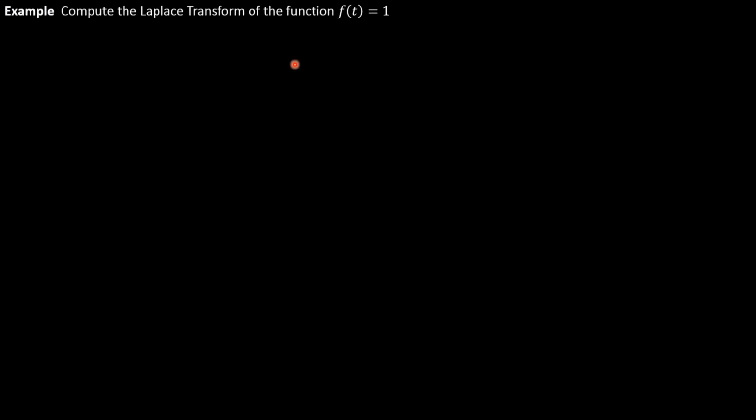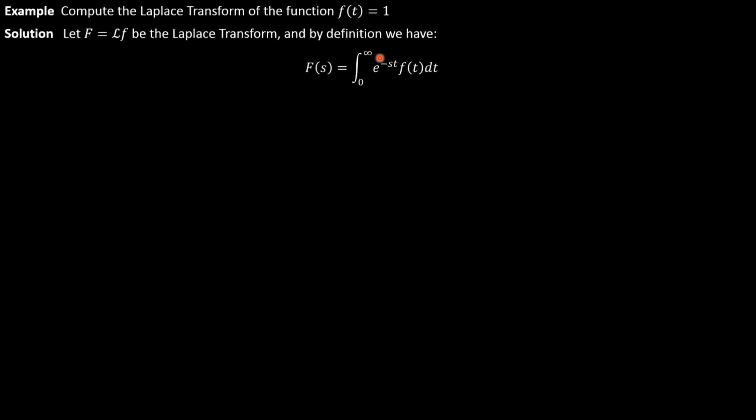Right, so let's compute the Laplace transform of our first function, f of t equals 1. If we want to compute a Laplace transform, we can proceed from the definition. The definition of the Laplace transform is this. I've written it here.